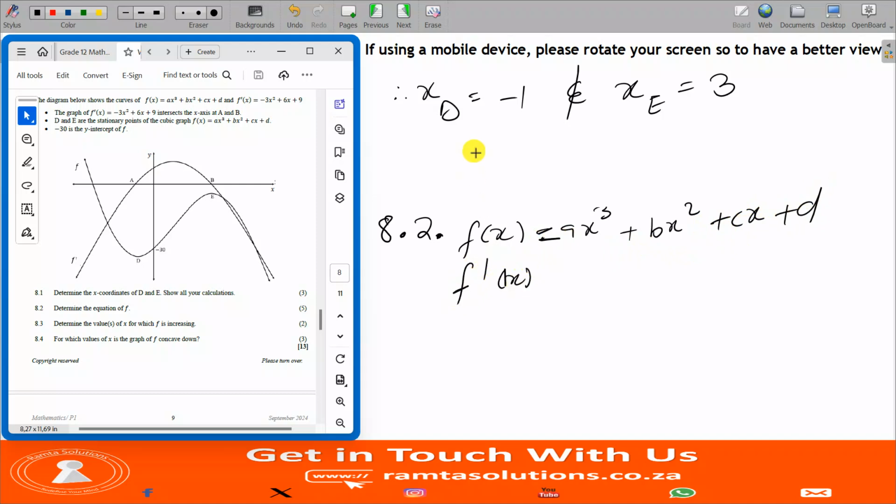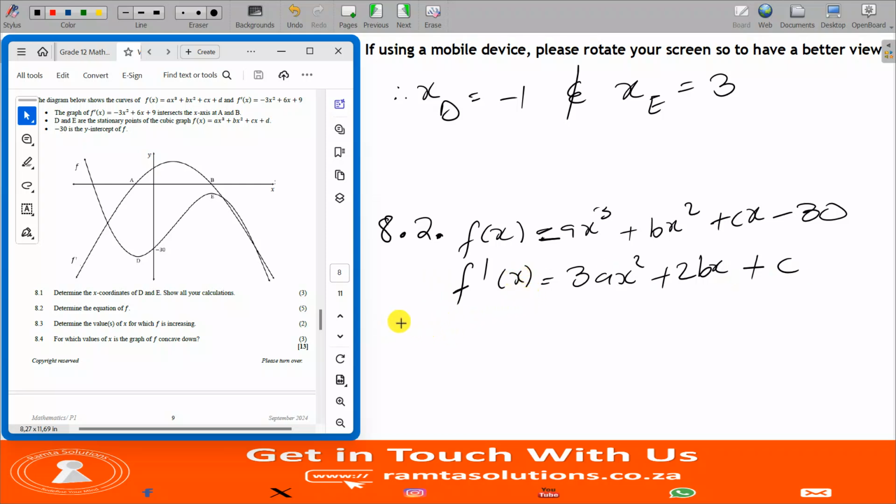The first derivative of this is 3ax squared plus 2bx plus c. And by the way, just to be sure, d is the y-intercept, which is minus 30. So this is the first derivative.